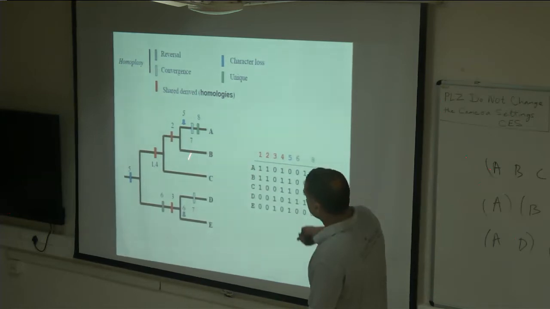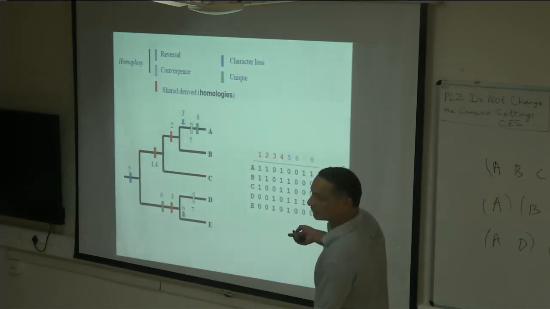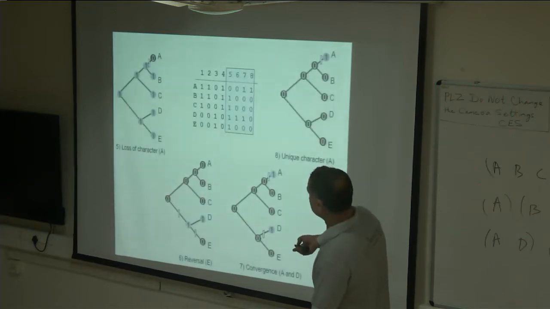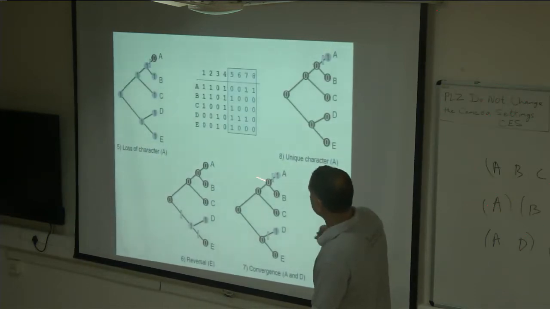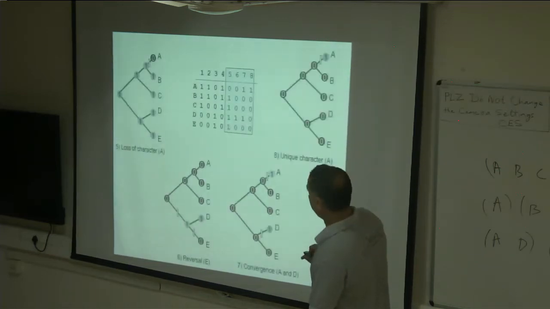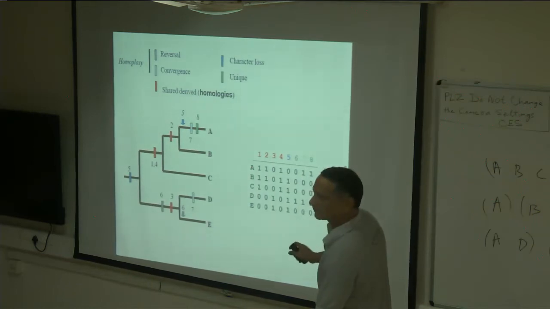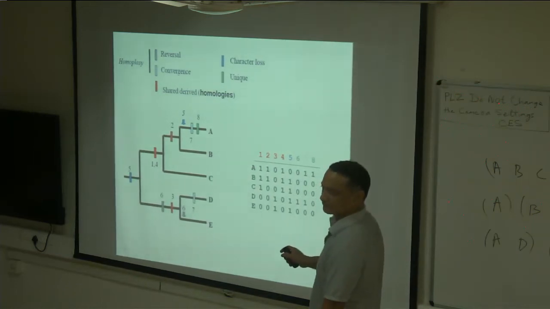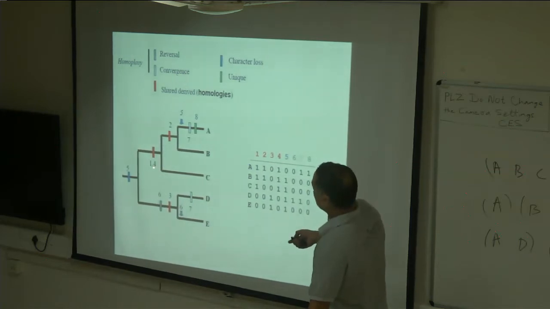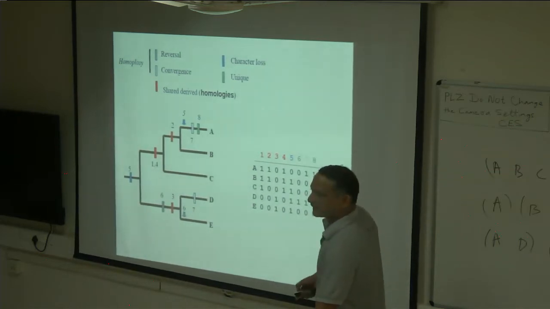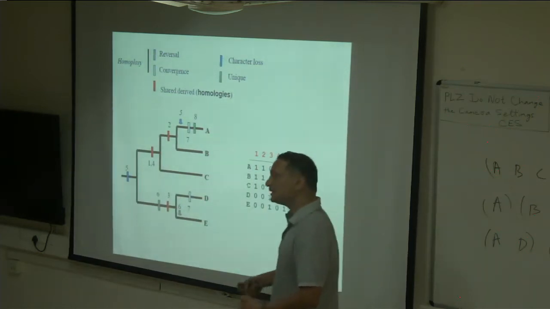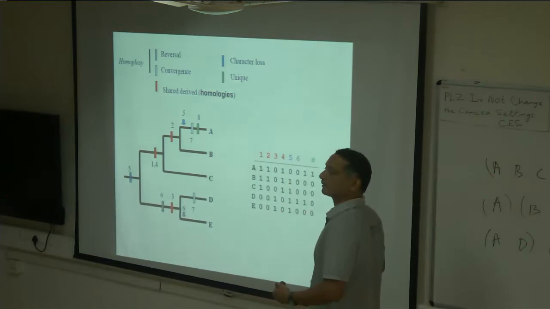If you look at this tree that we have already talked about, we take all these changes and put them on one tree. That's all I've done here. And if you count up all these changes, that gives you the tree length. It gives you the number of changes needed to explain this character matrix.